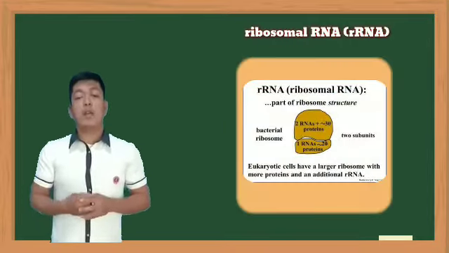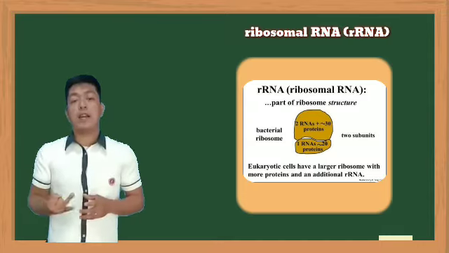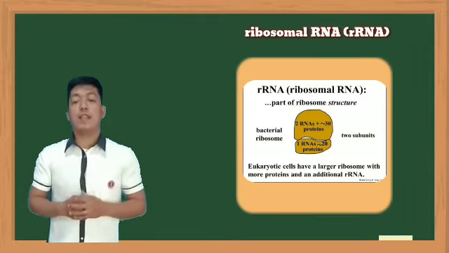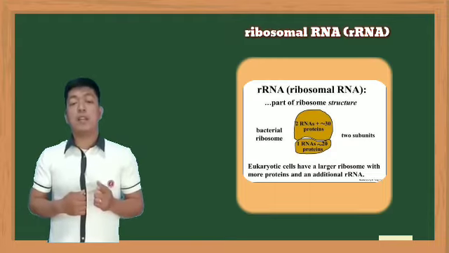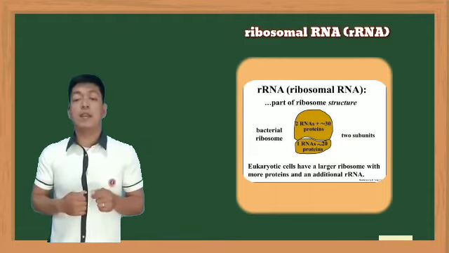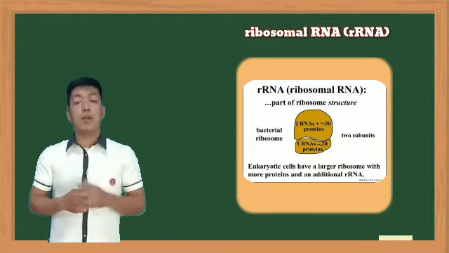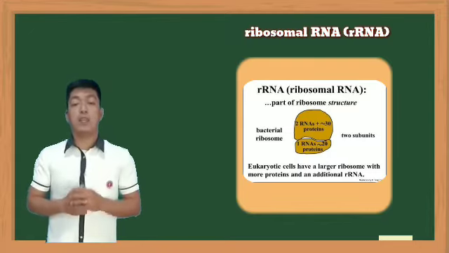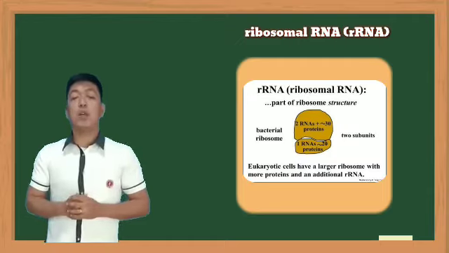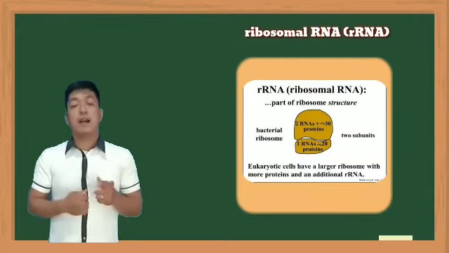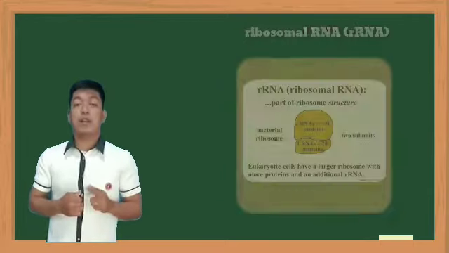Ribosomal RNA or rRNA is located in the cytoplasm of a cell, where ribosomes are found. These are the molecules in the cells that form the protein-synthesizing organelle known as a ribosome, and that is exported to the cytoplasm to help translate the information in the messenger RNA.